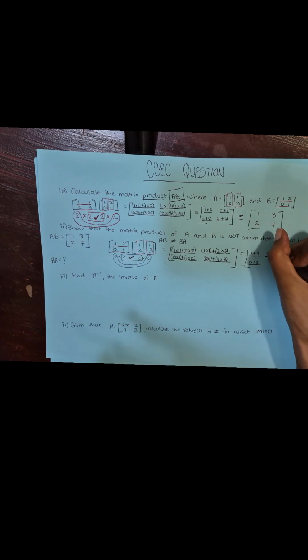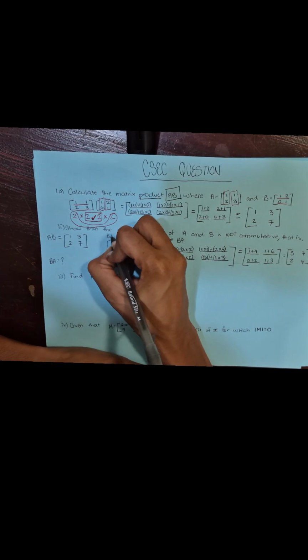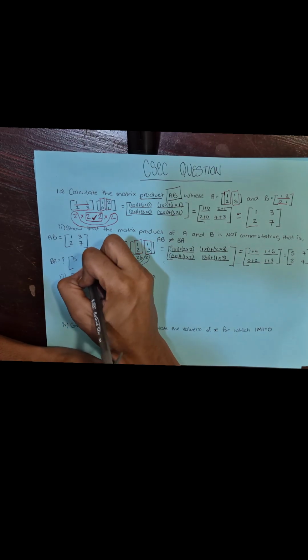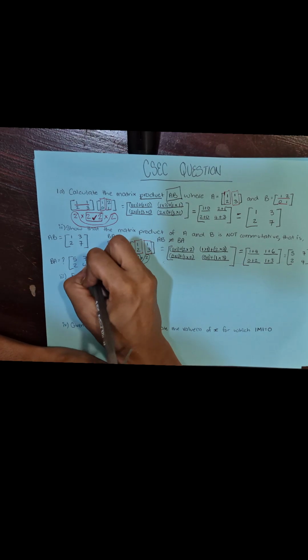And on this line we have 1 times 1 is 1, plus 2 times 3, which is 6. 0 times 1 is 0, plus 1 times 3, which is 3. Your final answer is 5, 7, 2, 4. So when we did BA this time, we got BA as 5, 7, 2, 4.